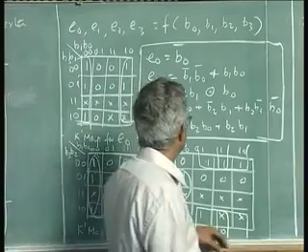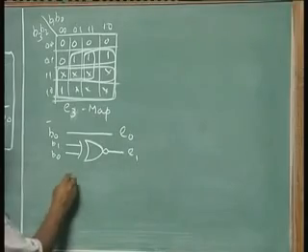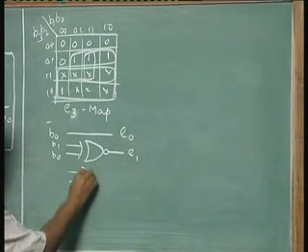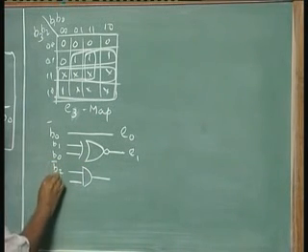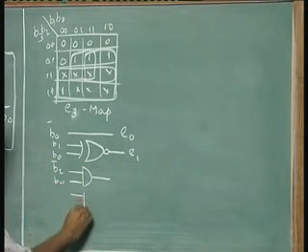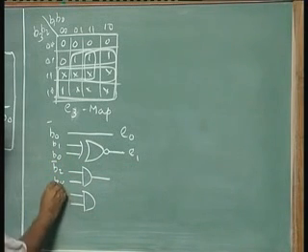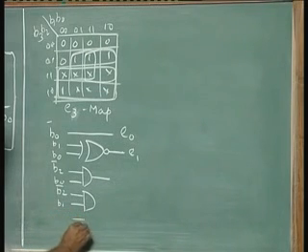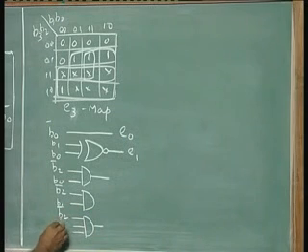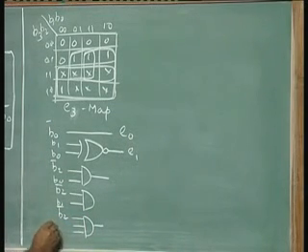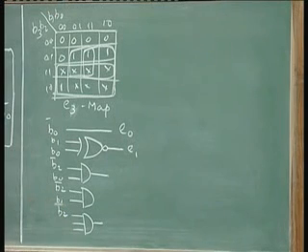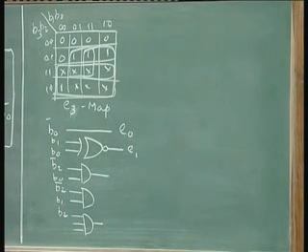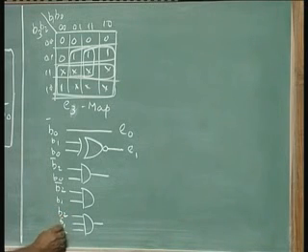The next function E2 is B2 bar B0, B2 bar B1, B2 bar B1 B0 bar, B2, B1 bar, B0 bar.